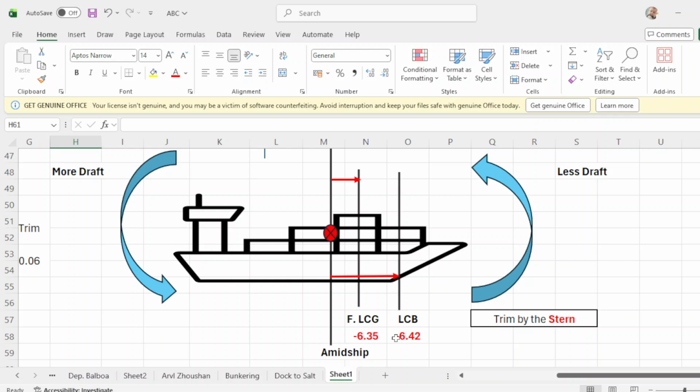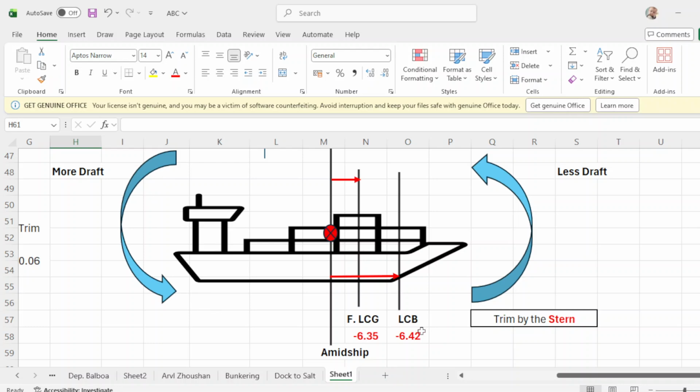Okay, since you are behind LCB, so the stern of the vessel will go downward, because you are behind the LCB. So the weight of the vessel plus all weights on board will push this stern downward because of the gravitational pull.